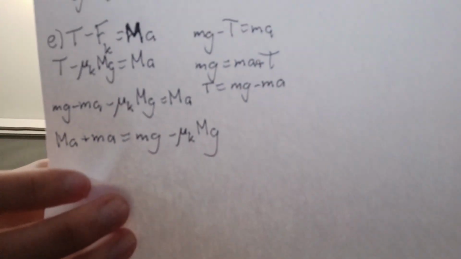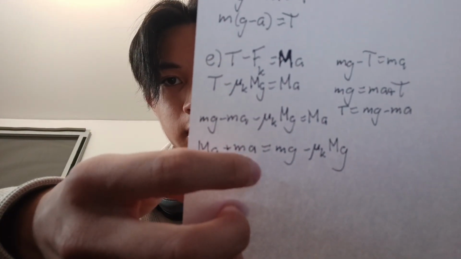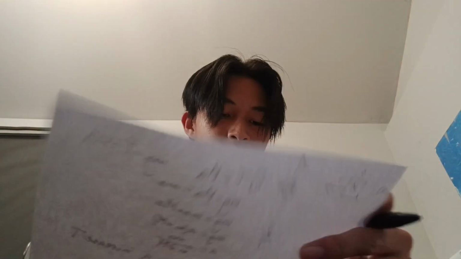Because we want to find A, get both terms of A on both sides. Factor out A, like that. And then just divide both sides by the total mass.